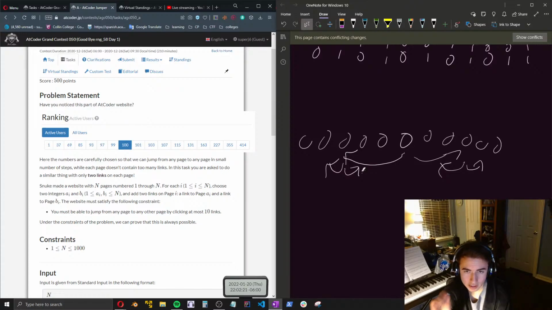All the nodes unconnected to each other. Okay, now let's say we take the first node, connect it with the arbitrary other one.